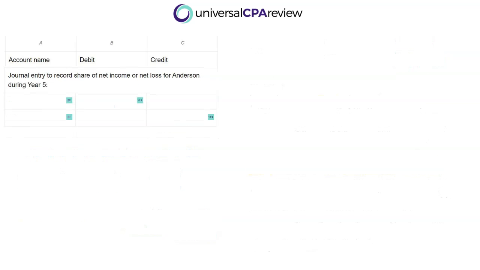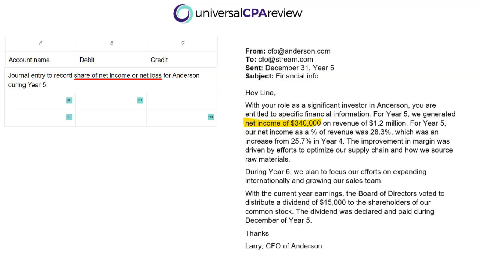Our next task is to record the journal entry related to the share of net income or net loss for Anderson during year 5. Well, if we think back to the email from the Anderson CFO, it shows net income for year 5 that Anderson reported at 100% was $340,000. Now this is key.